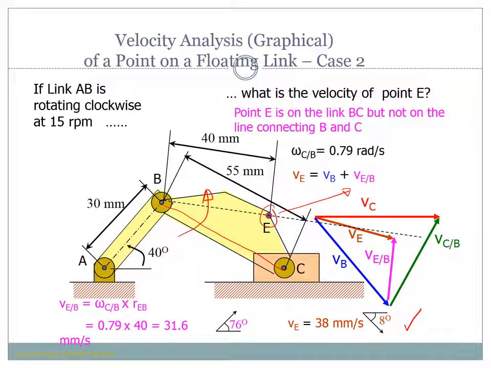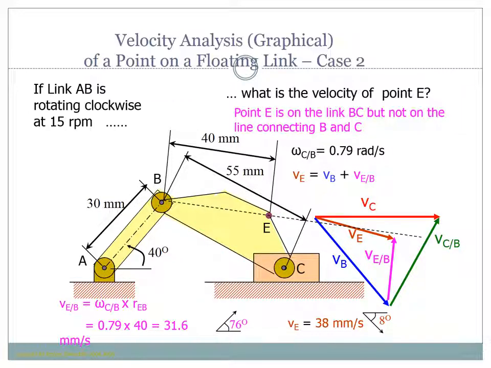Omega EB is equal to omega CB, because it rotates about the same point, point B.